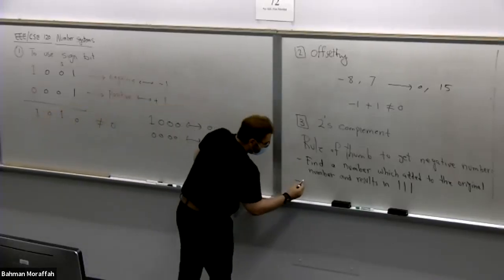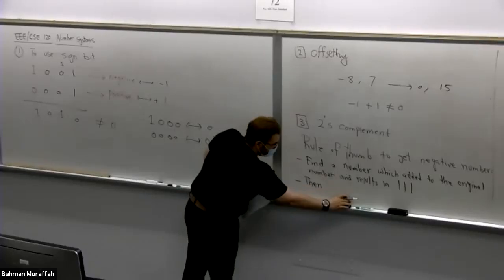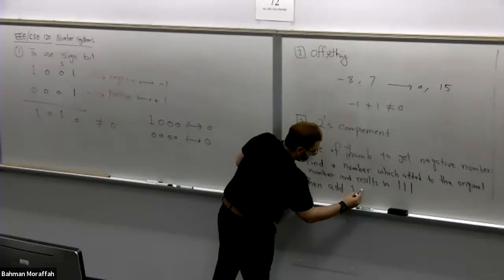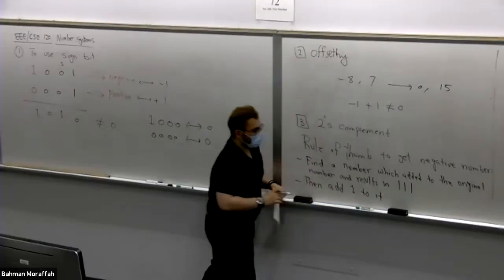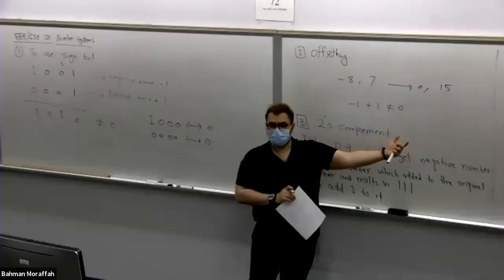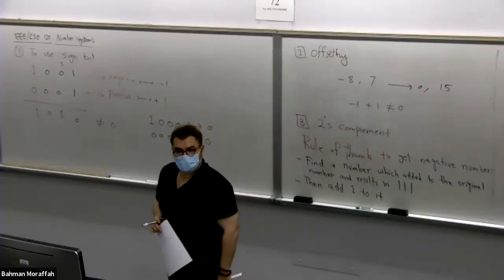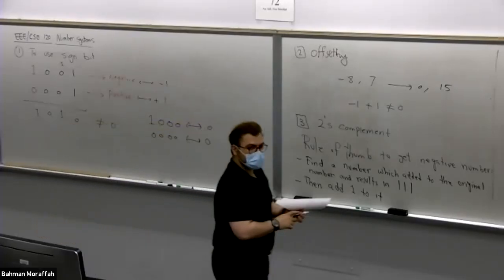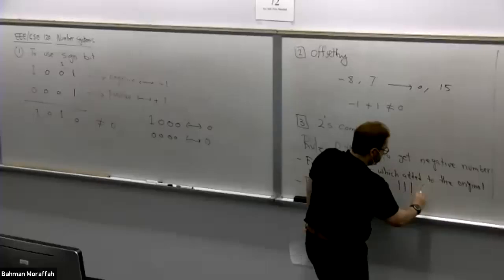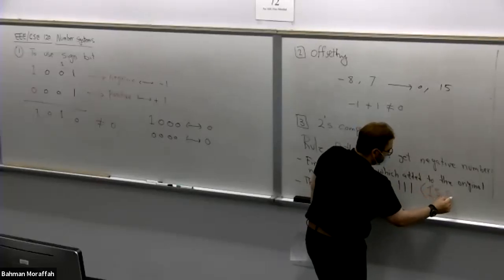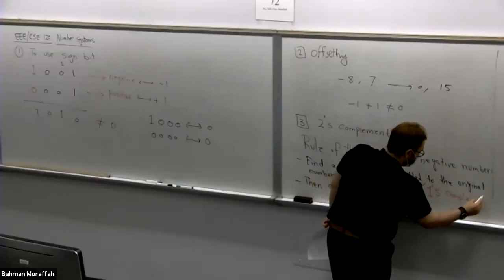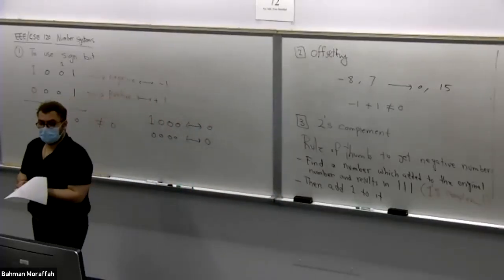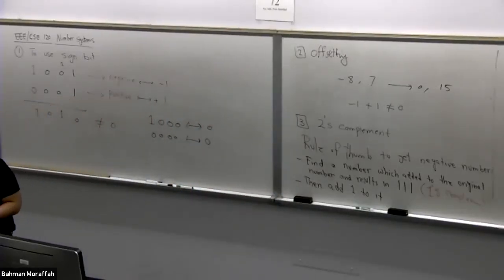Then add 1 to it. Whatever that number is, I'm going to add 0, 0, 1 to it. The first step is usually called 1's complement. And if I put these two things together, it's called 2's complement.